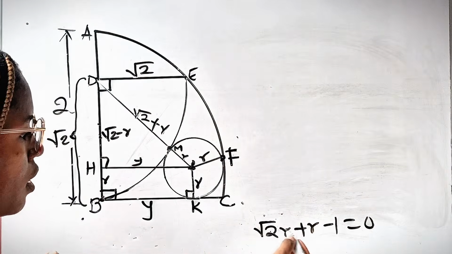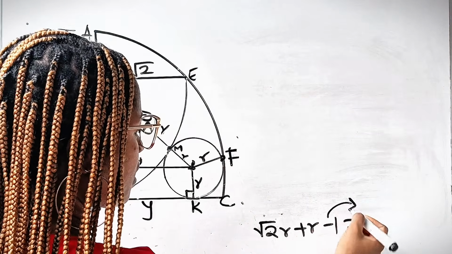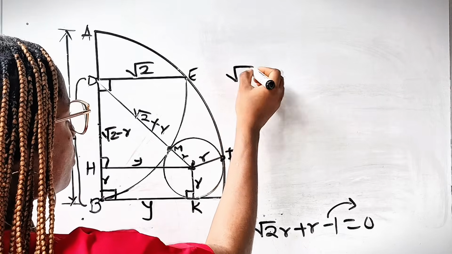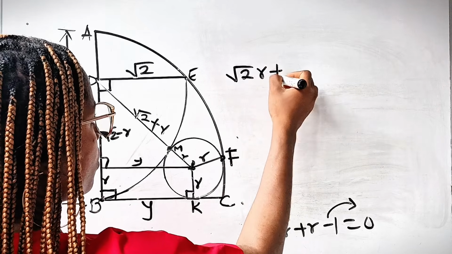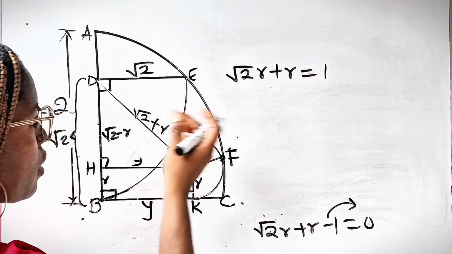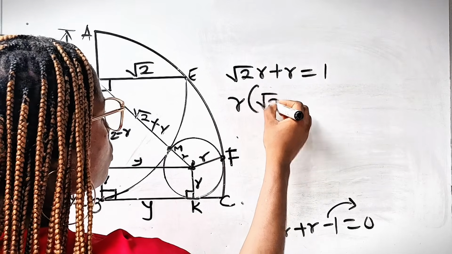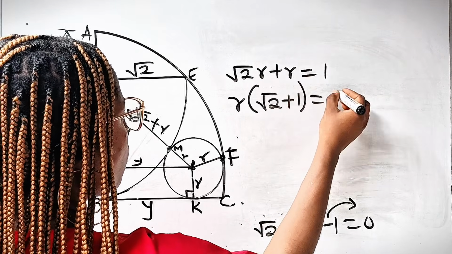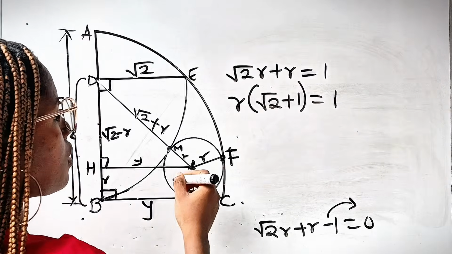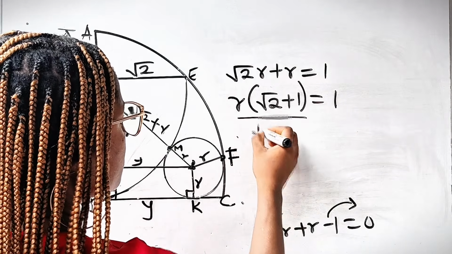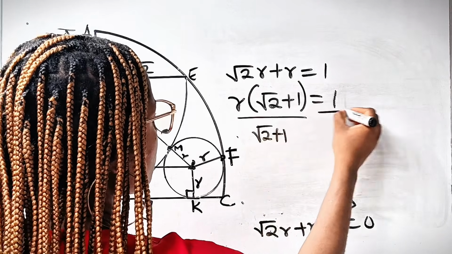Okay. So let's transfer this to this side. We will have root 2R plus R is equal to 1. Let's factorize R out. R brackets root 2 plus 1 is equal to 1, right? So let's divide both sides by root 2 plus 1.